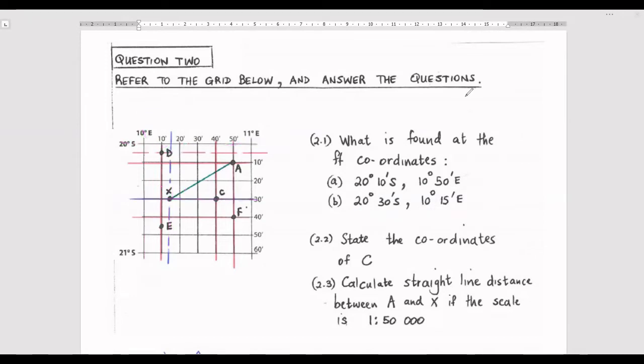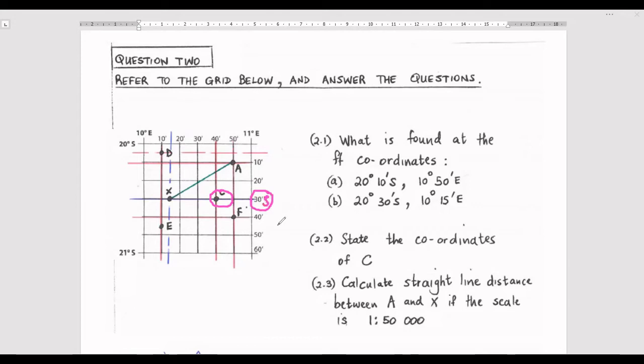Right, let's keep moving on. I'm sure you're marking your work and you're doing well as we are progressing. Question 2.2 now speaks about stating the coordinates of point C. So there's point C. Point C is 30 minutes south.